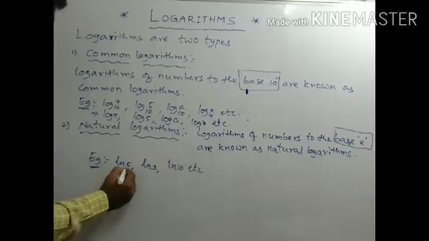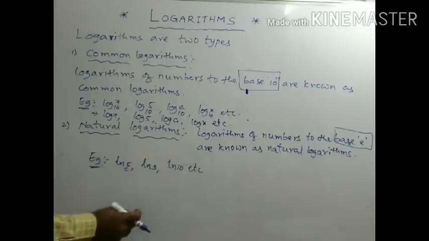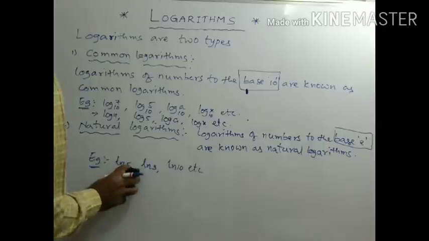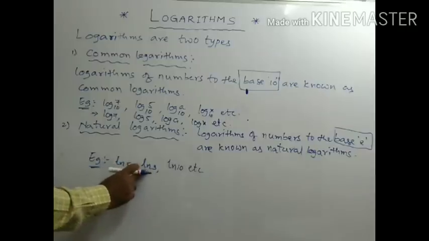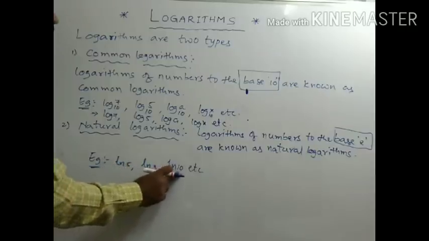So for example here, because of natural logarithms, we simply use ln. ln stands for natural logarithm. The meaning is ln 5 means natural logarithm of 5, natural logarithm of 3, natural logarithm of 10.